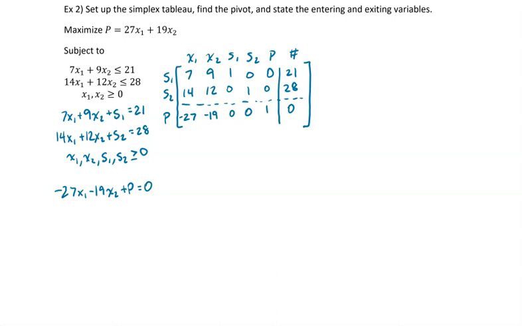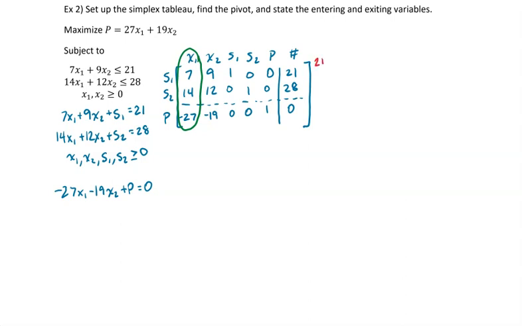Cool, so now let's go ahead and find the pivot. So for our column, we look for the column with the negative that has the highest absolute value. So remember, look at the negative numbers, and if you ignore the negative, which one's bigger? Well, that's going to be the negative 27. So that's going to be our column. Next, for the row, we are going to take the numbers on the right and divide them by the numbers in the column that we just found.